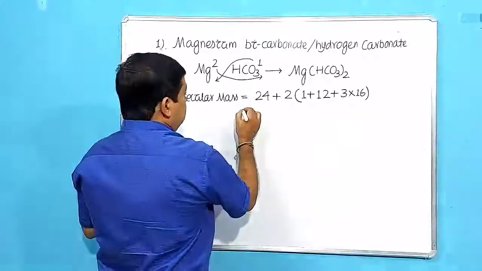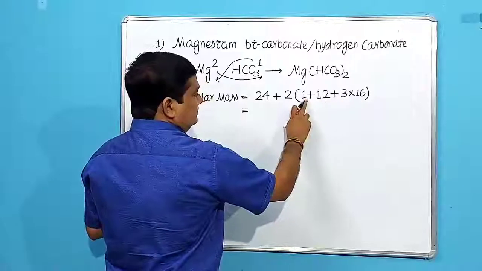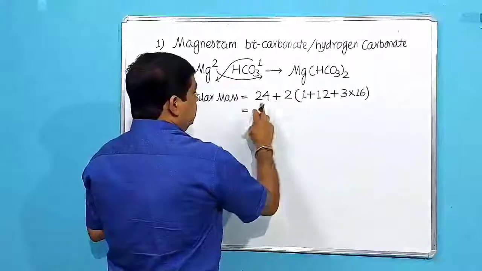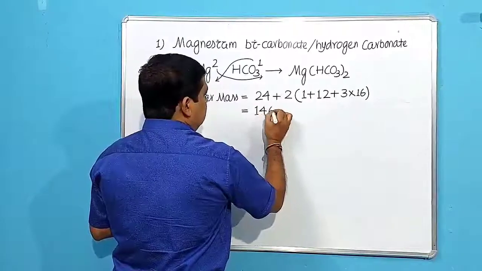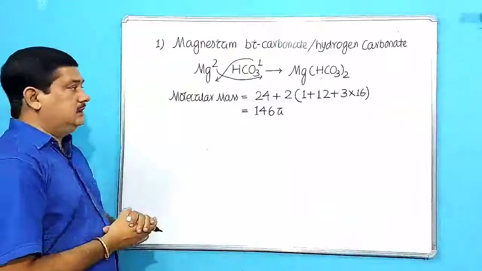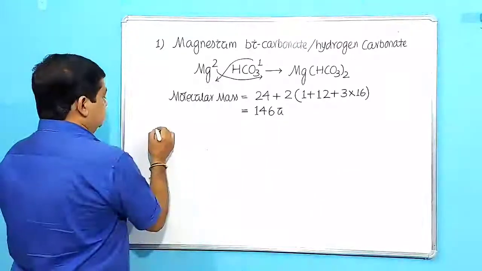Okay. So what will be the answer? Now 48 plus 12, 60 plus 1, 61 into 2. That is 122 plus 24, 146. So 146 U. So this is the molecular mass of magnesium bicarbonate or magnesium hydrogen carbonate.